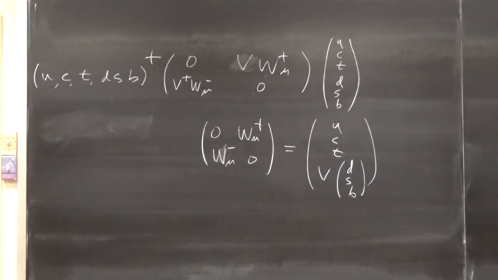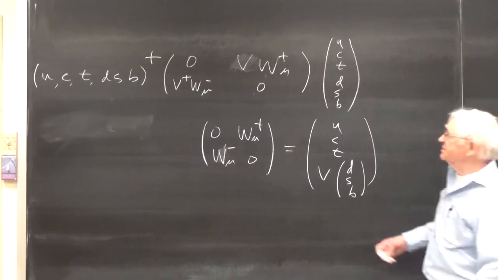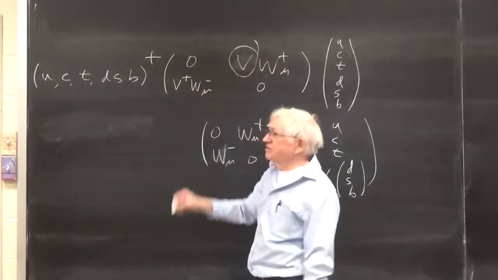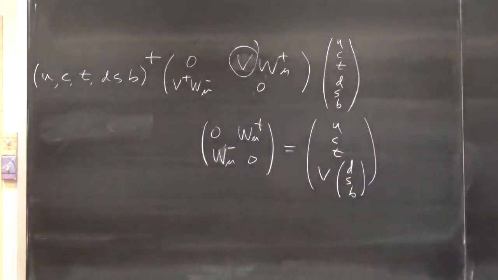In any event, the deal is that we've got this 3 by 3 matrix called the CKM matrix, and it has been measured to some extent. It's 9 complex numbers in general, but you can choose the phases of the 6 quark fields arbitrarily, and that eliminates 6 phases.